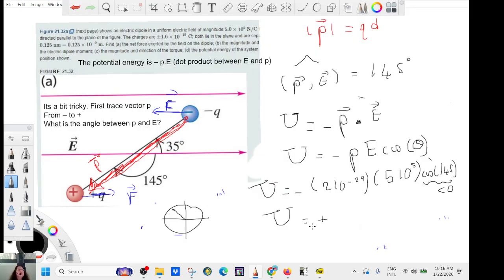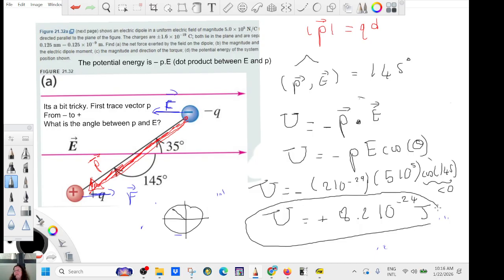Doesn't like to be positive. It wants to be negative. So we do those computations and you get, yeah, get what? 8.2? 8.19 times 10 to the negative 24 joules, because it's energy. Energy is in joules. Is that clear?